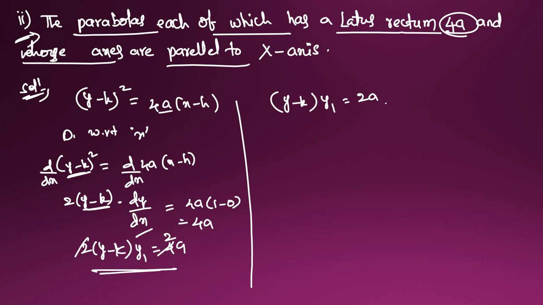So we will again take the derivative of this with respect to x, using the uv method: d by dx of uv is u v dash plus v u dash.